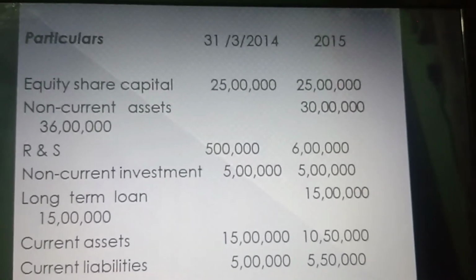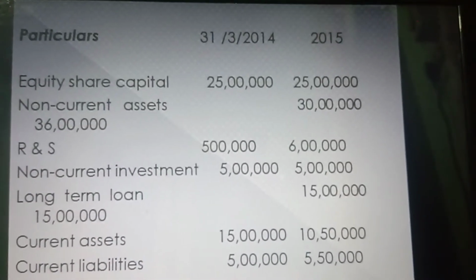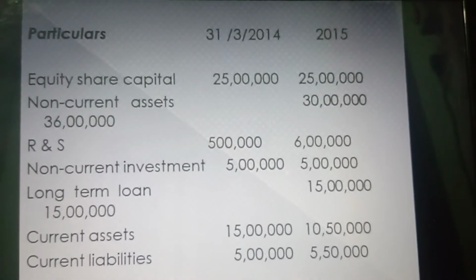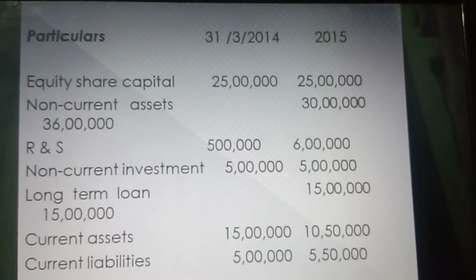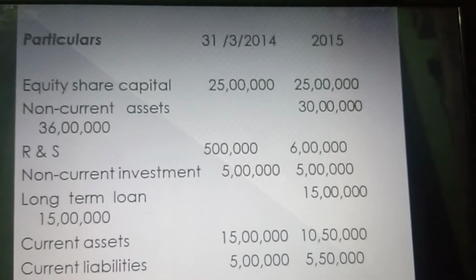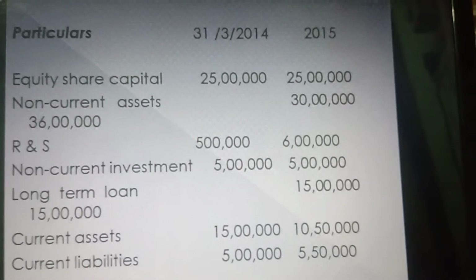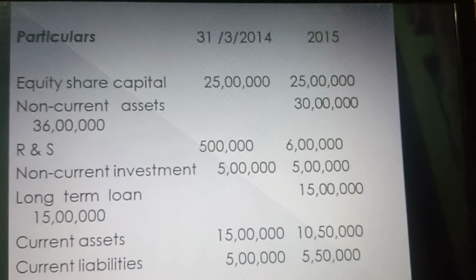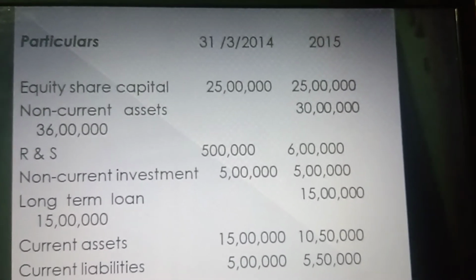Reserve and surplus is rupees 5 lakh in 2014 and 6 lakh in 2015. Non-current investment the company has is rupees 5 lakh in 2014, and in 2015 it remains the same, 5 lakh only. Long-term loan is 15 lakh in 2014, and again 15 lakh in 2015.